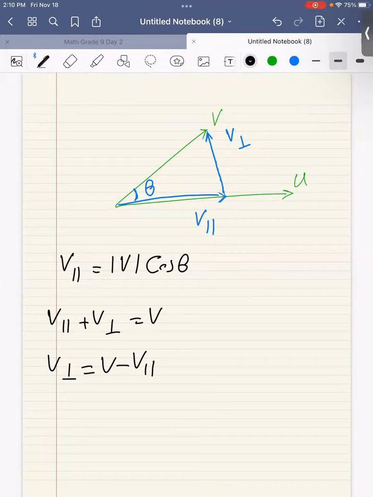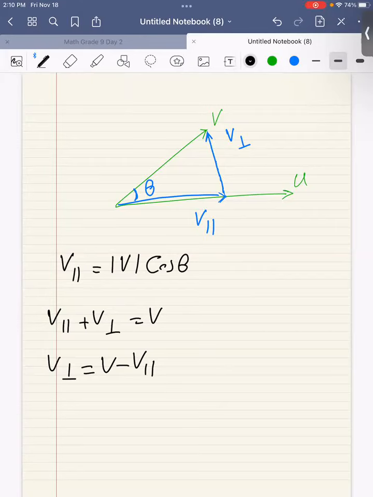The magnitude of v is, you can say, v perpendicular squared plus v parallel squared. But we don't use the Pythagorean theorem. He asked, do we use Pythagorean? I said no, we don't need to. Why?